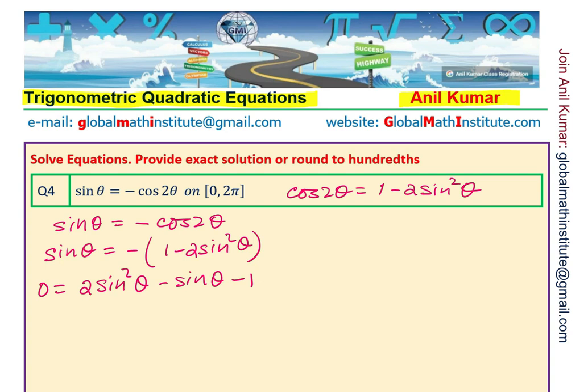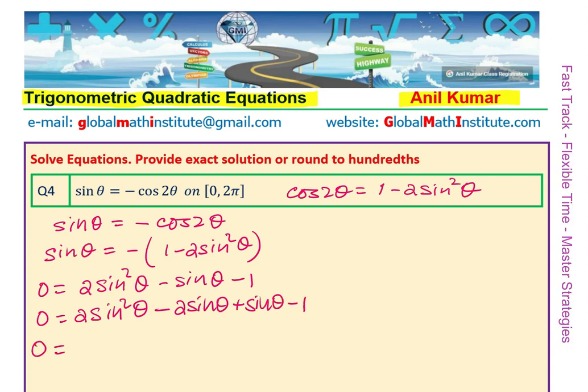Makes sense. We can now factor this. The product is minus 2 and the sum is minus 1, which gives us 2 sine square theta minus 2 sine theta plus sine theta minus 1. Take 2 sine theta common from the first two terms, and you get sine theta minus 1.